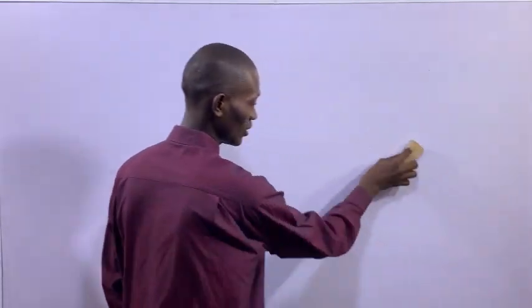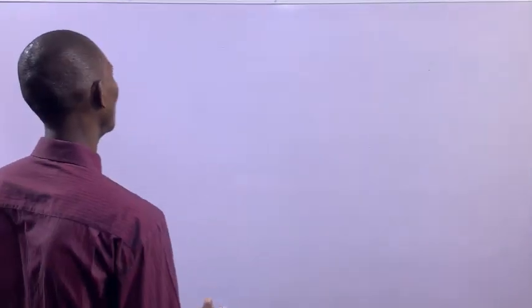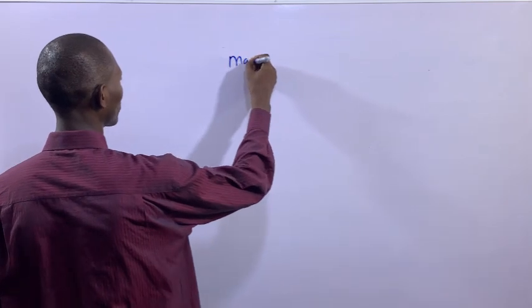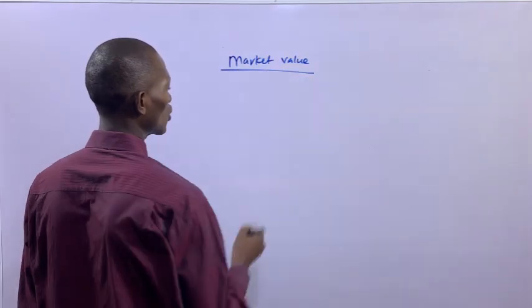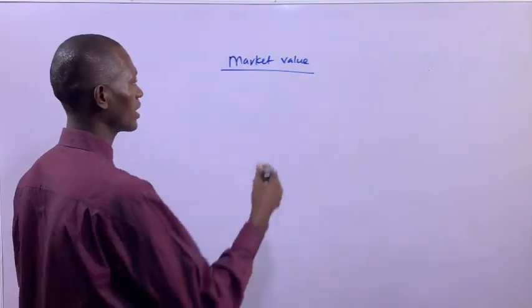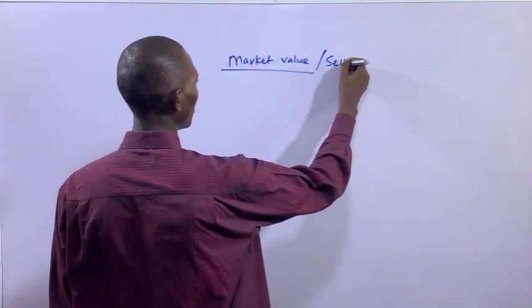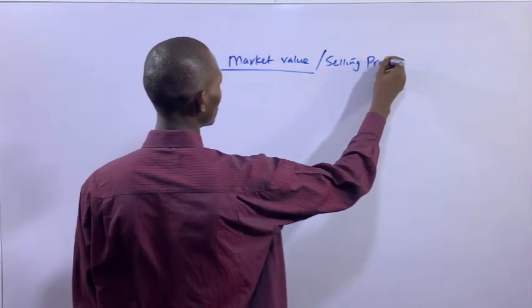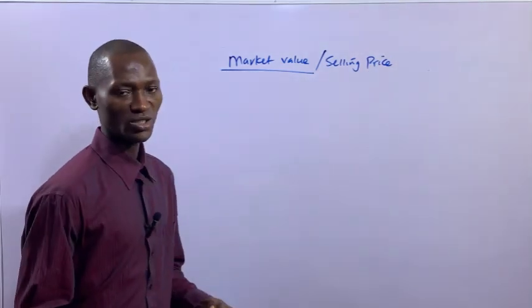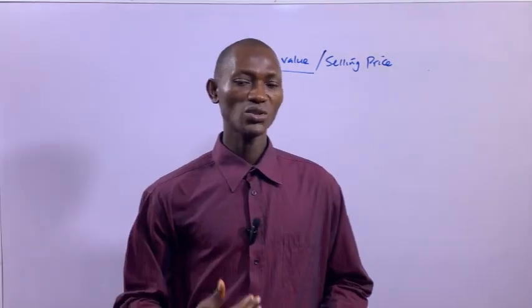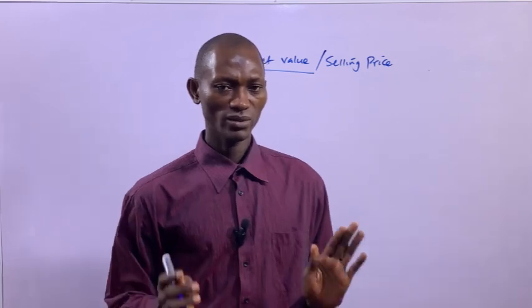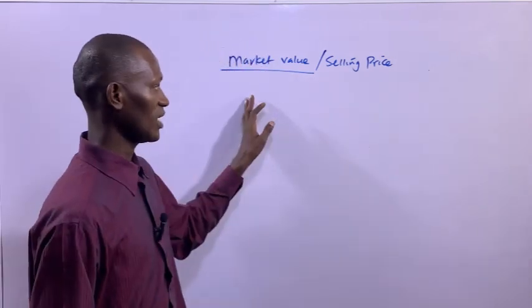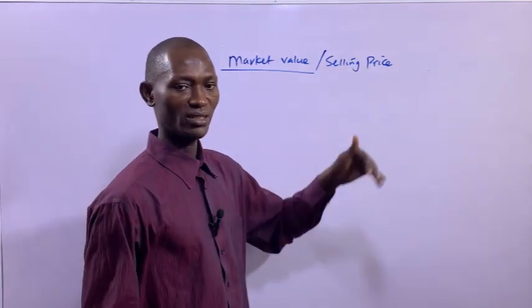So the last one is the market value. Another word for market value is the selling price. That's the price at which the products we are producing in our company are sold in the markets. That's the market price, market value or selling price.